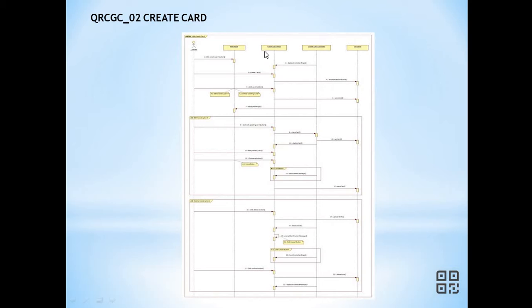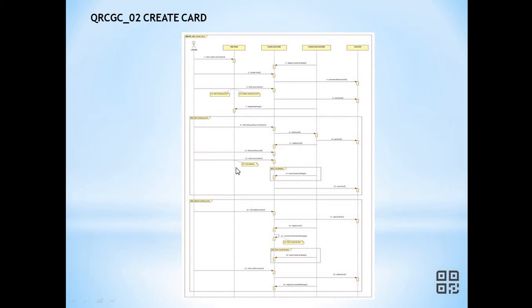For the quick card, this is the sequence diagram, and we have three alternative flows and also one exception flow. For alternative flow, we have edit greeting card and also delete greeting card.